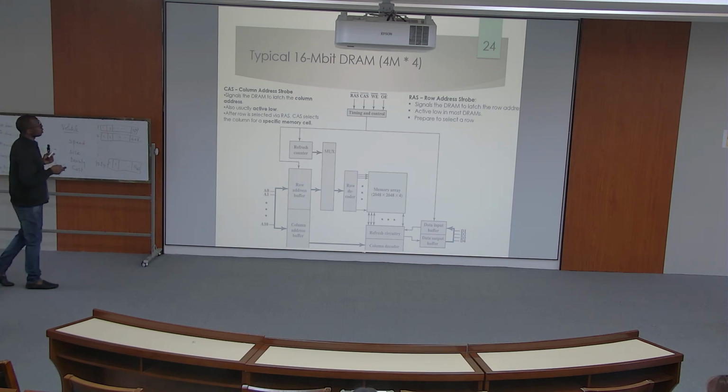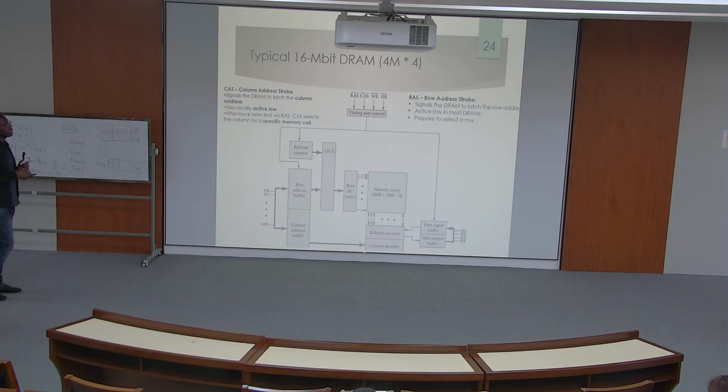After each row is selected via the row address strobe, the column address strobe will select the column for a specific memory cell. The row address strobe is there to prepare the row that has to be selected.